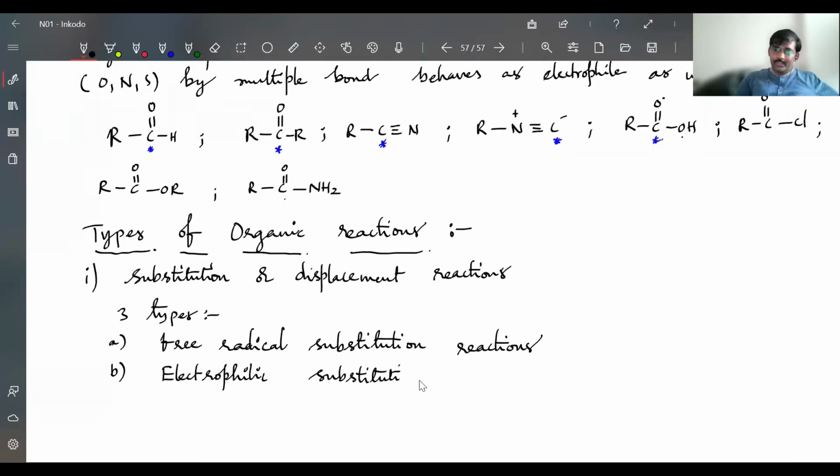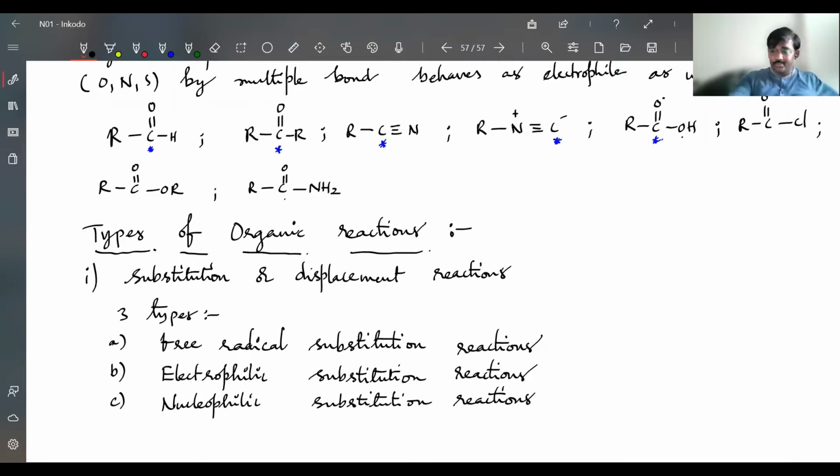And one more is nucleophilic substitution reactions. So these are the three types of substitution reactions we will see. Not only in substitution, in all the other cases also we'll see a similar pattern.